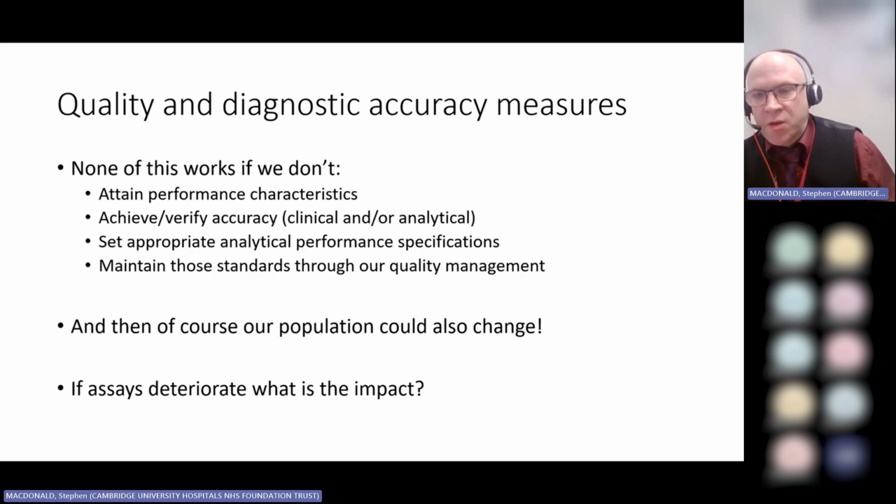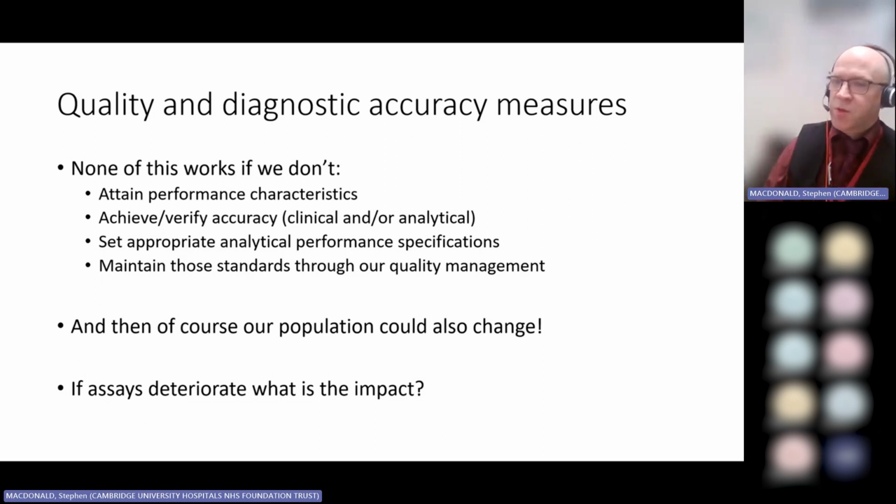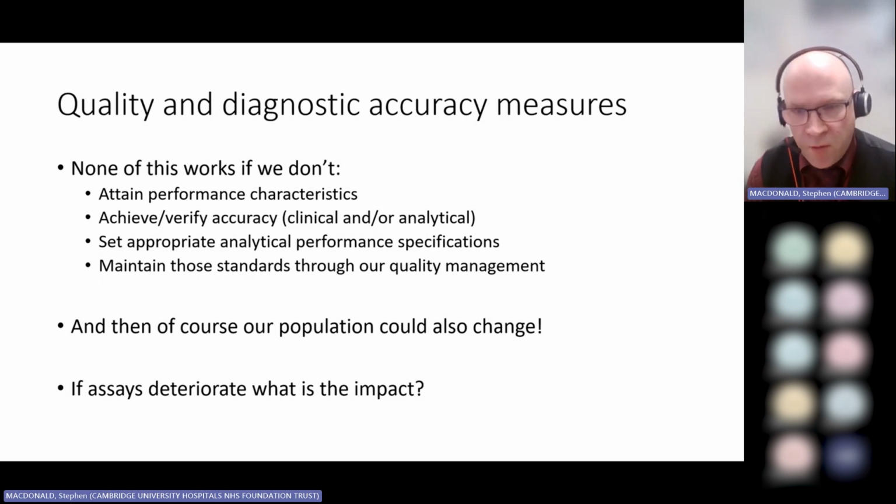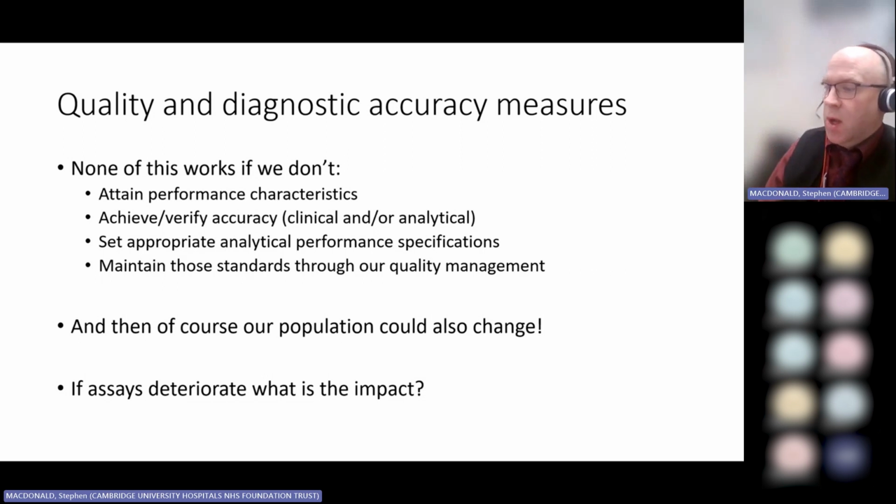But once you get tests in the real world, that completely changes, and you start testing anybody and everybody. And in some tests, that happens more than others. And of course, then you're starting to test patients that haven't been verified as part of the clinical validation, and therefore your sensitivity and specificity will again change.